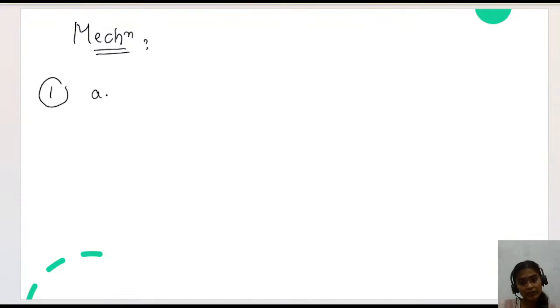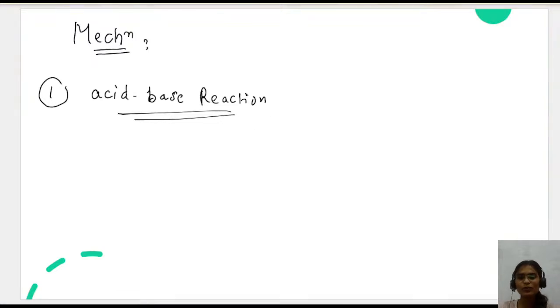What is the meaning of acid base reaction? Listen, in organic chemistry, if there is a choice of acid base reaction, the first step is always this. So acid base reaction is step number one in this mechanism. You can directly remember the mechanism, or you can mention the step. It's totally your choice.